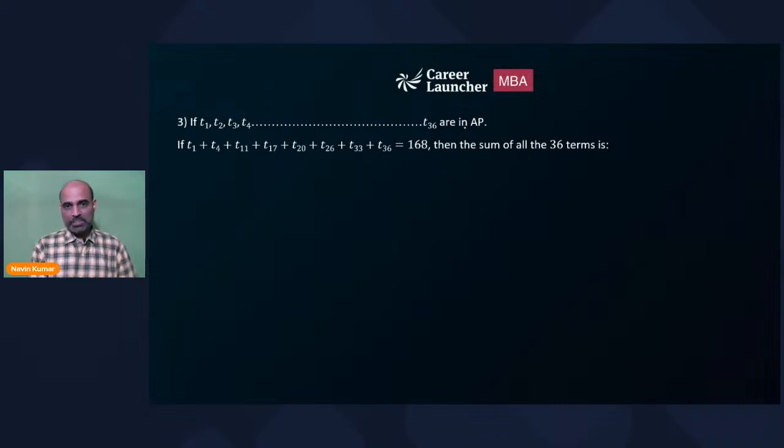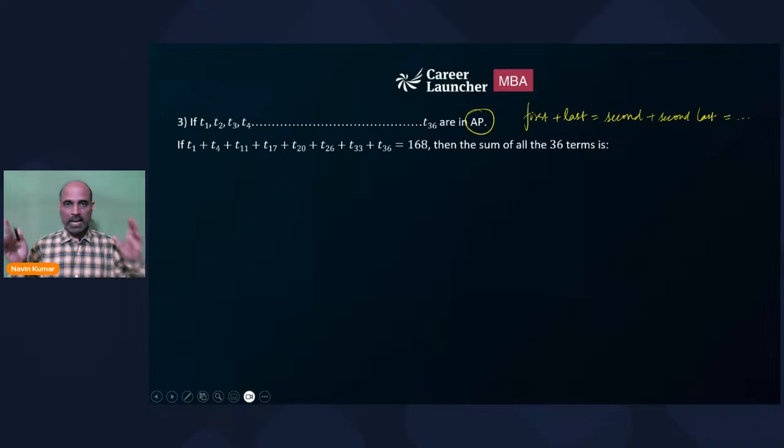So please remember, in any arithmetic progression, the sum of the first term and the last term will be the same as the sum of the second term and the second last term. And this will continue.